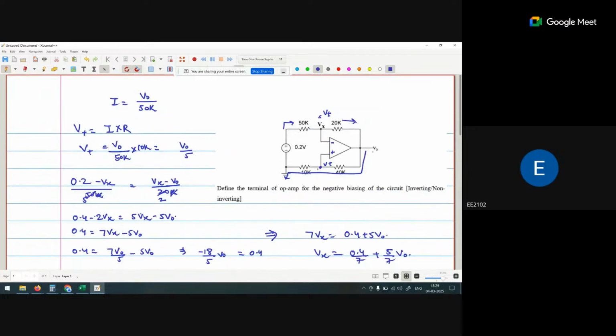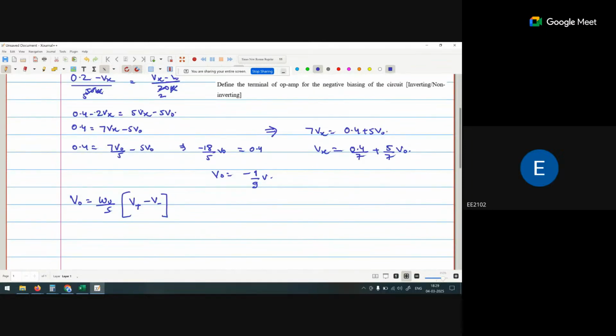So the output V naught is equal to omega u by s times Vd, and Vd is the difference between both terminals. So V naught is equal to omega u by s, V positive minus V negative.